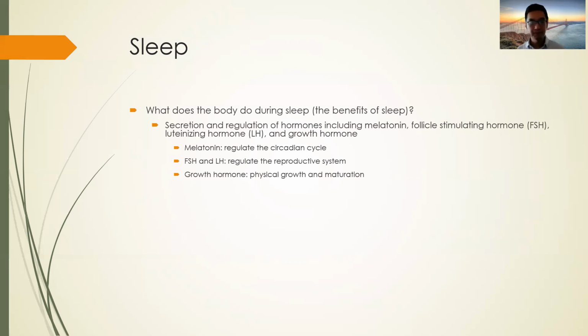And also there is follicle stimulating hormone, that is FSH, and luteinizing hormone, that is LH. These two hormones regulate the reproductive system. FSH helps the physical body to create the eggs for women and the sperm for men.